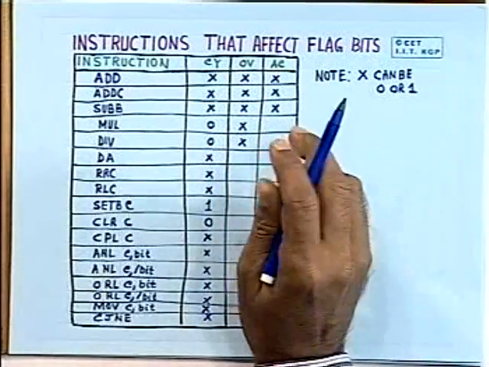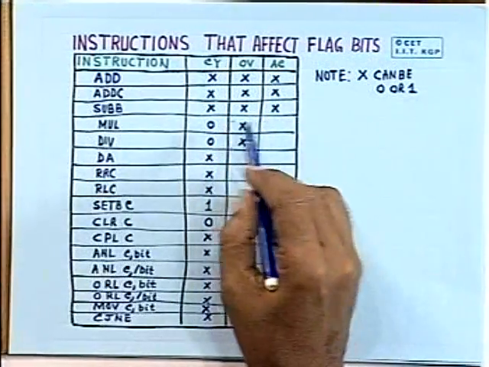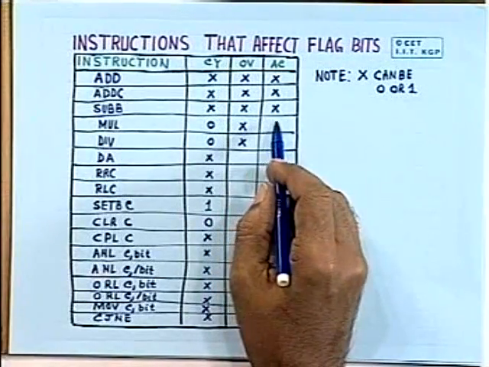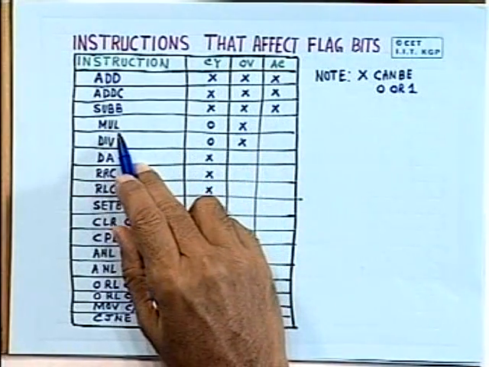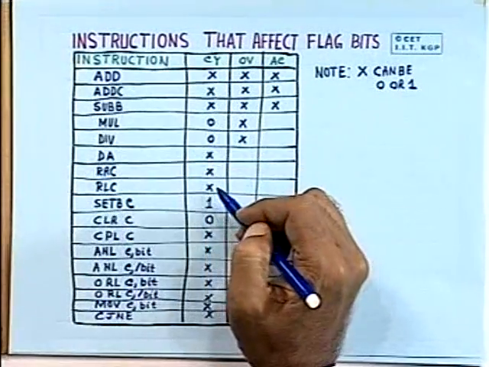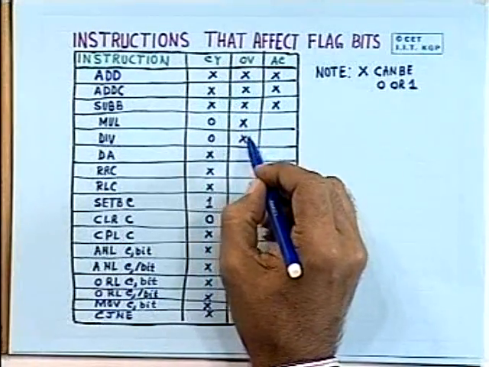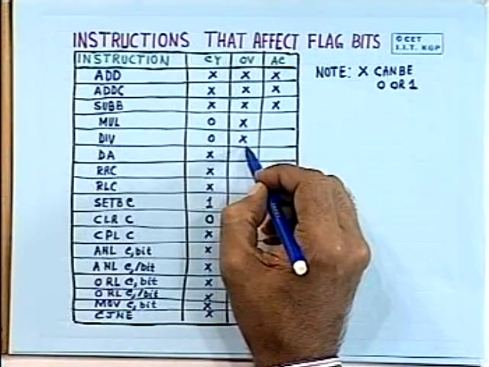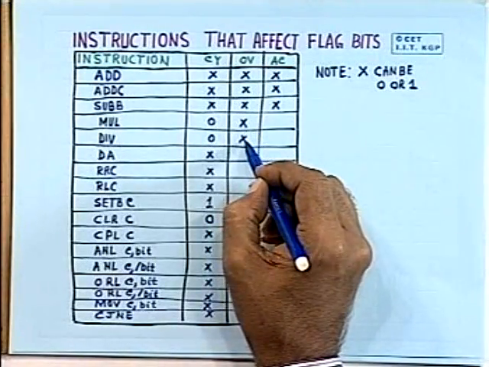Of course, the parity bit is always affected, because the parity bit is set depending on the accumulator. Then in case of multiplication or division, the carry flag bit becomes 0. However, the overflow flag bit is affected whenever you execute these arithmetic instructions.